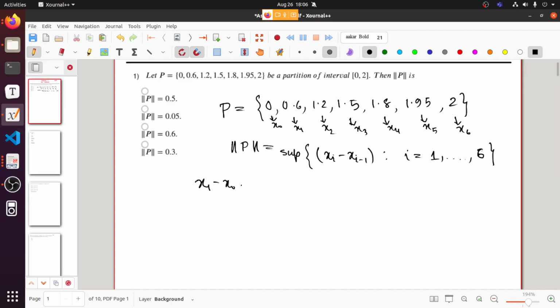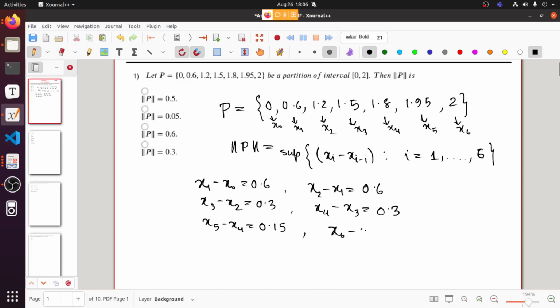x1 minus x0 is 0.6. x2 minus x1 is again 0.6. x3 minus x2 is 0.3. x4 minus x3 is 0.3. x5 minus x4 is 0.15.